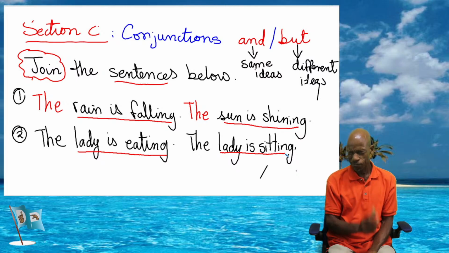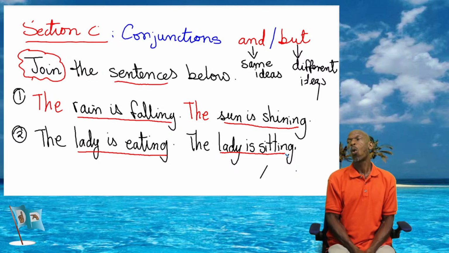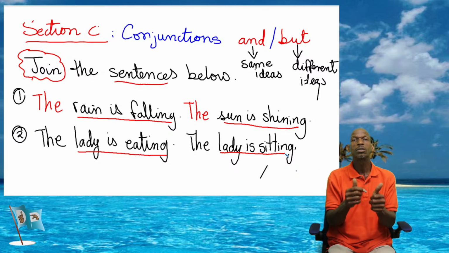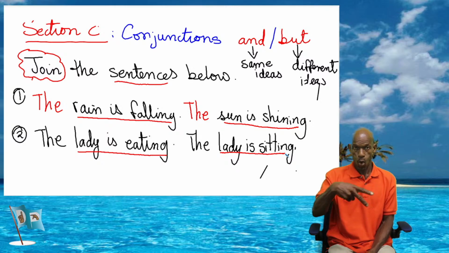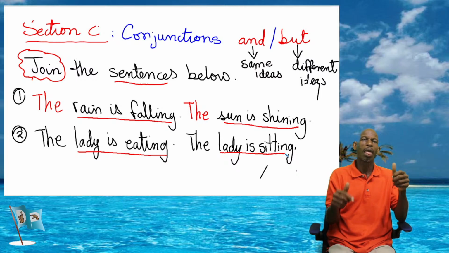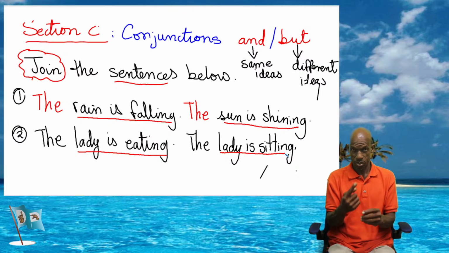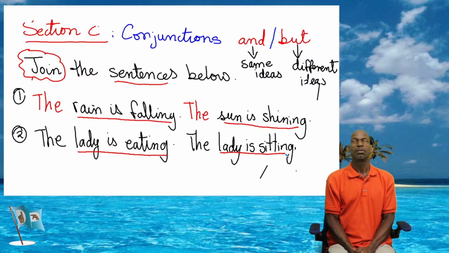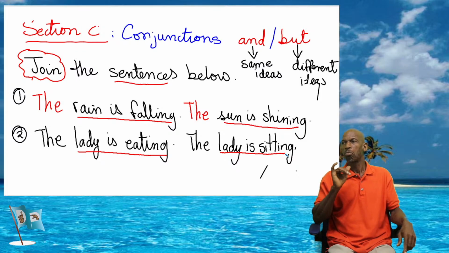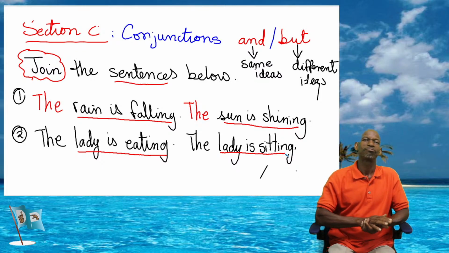Selwyn says two of them is and. Sabriki, what do you say? Both sentences is and, Sabriki? Ah, okay. You're changing, Selwyn. Number one is but. Okay. So that's why we need to read very carefully and understand what you're reading.